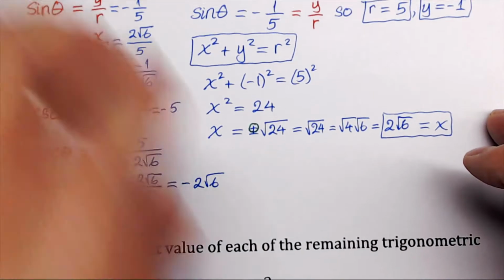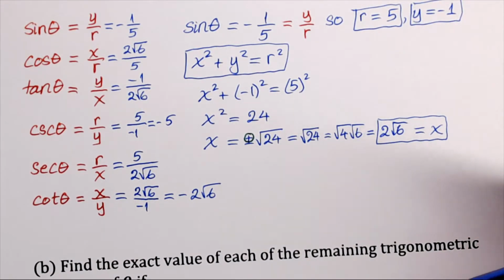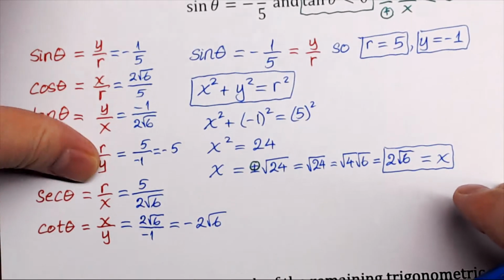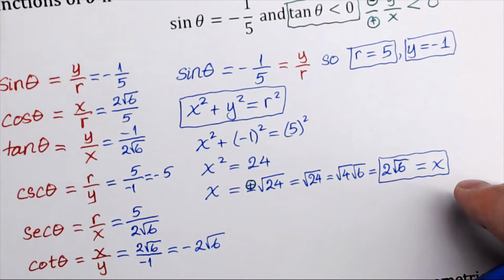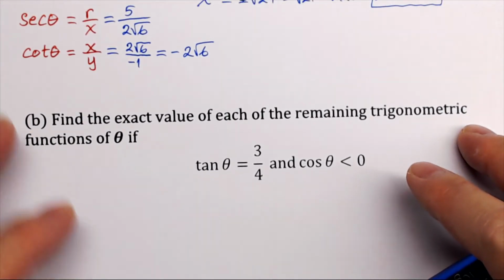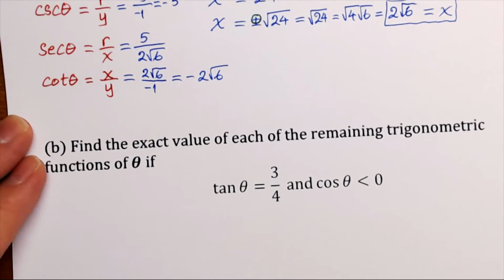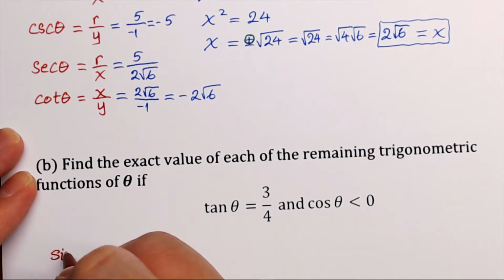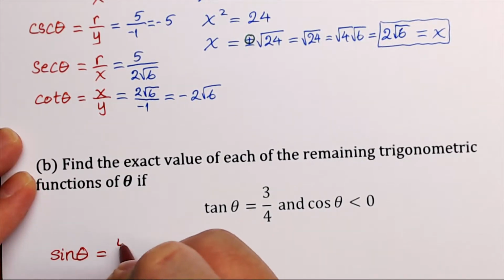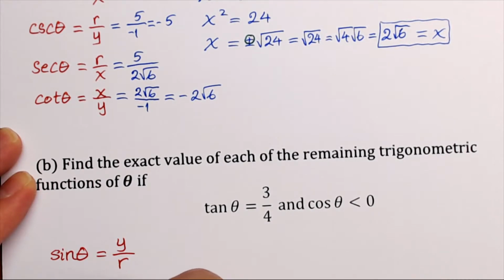Pythagorean theorem: x squared plus y squared equals r squared. So we have x squared plus (-1) squared equals 5 squared. We have x squared equal to 24. So x equals plus or minus square root of 24.